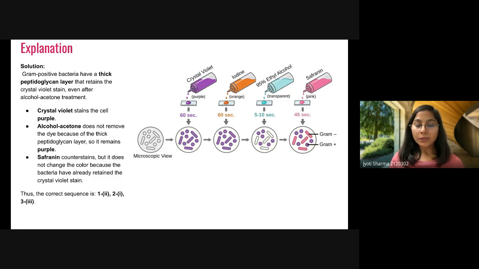If we counterstain it with safranin, then this colorless or transparent bacteria will take the pink color, and the violet color will remain as it is for the gram positive. So this is how the sequence goes. The crystal violet will stain the cell purple. Alcohol acetone does not remove it.